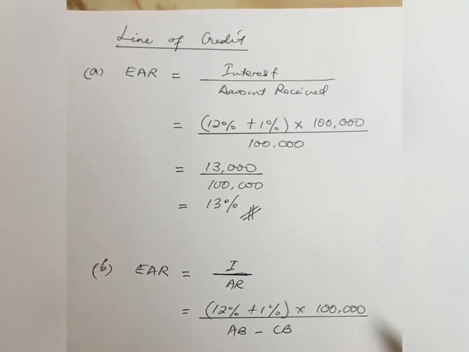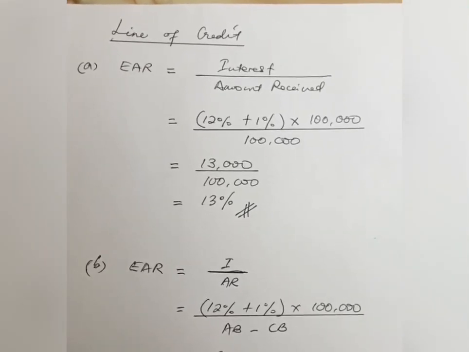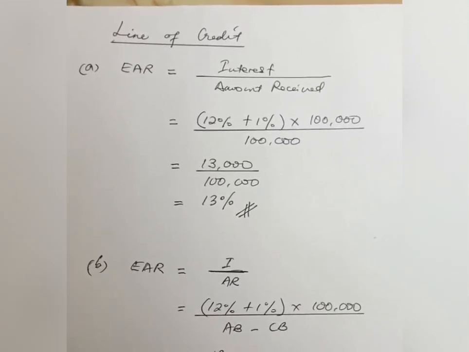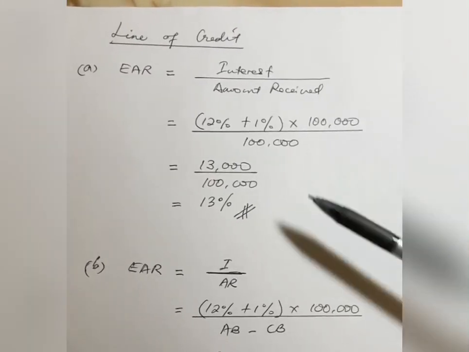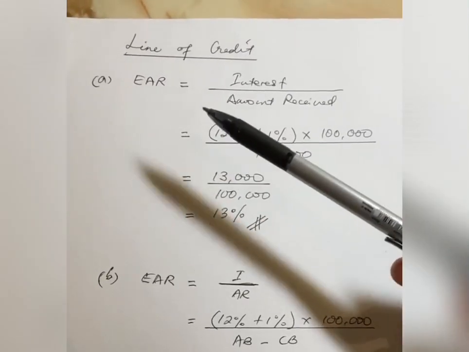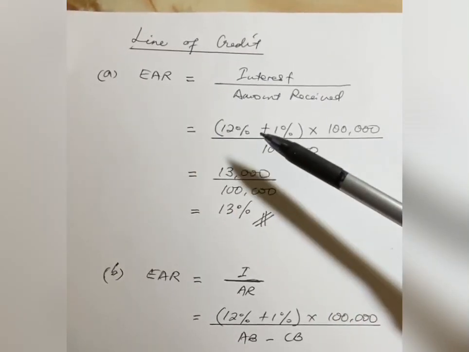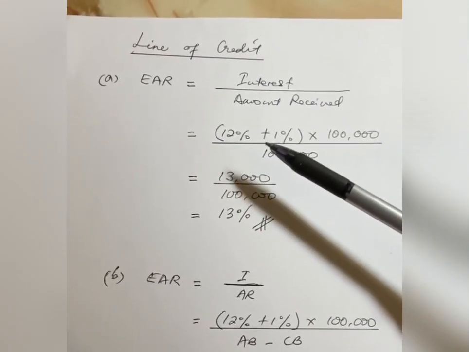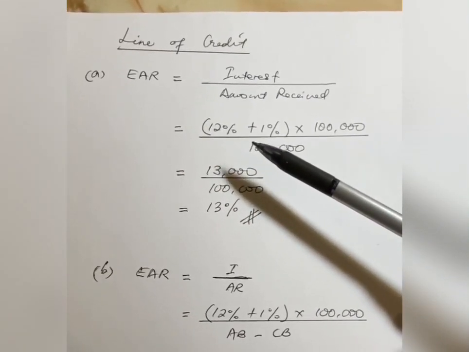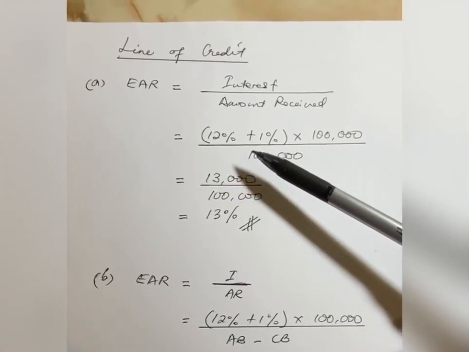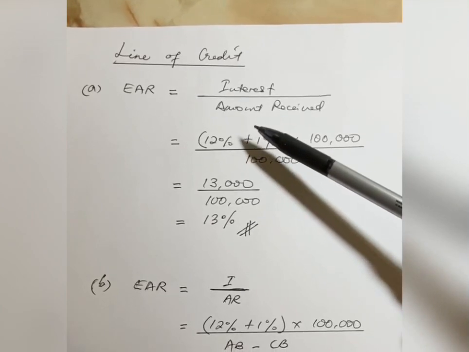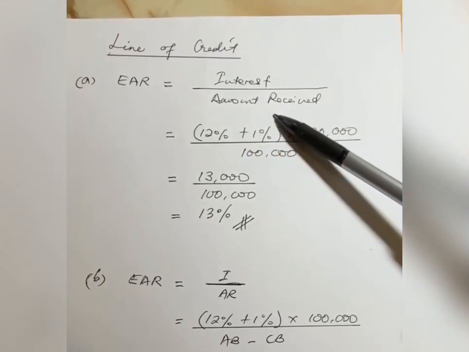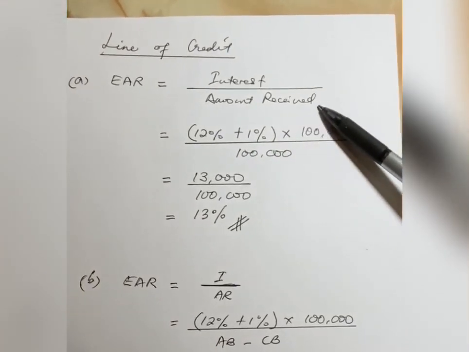Okay, this is how to answer the questions on line of credit, the illustrations given in the previous slide. The EAR for situation A, where the company has a 20 to 30,000 balance in the account with the bank. As usual, the formula is interest divided by the amount received.